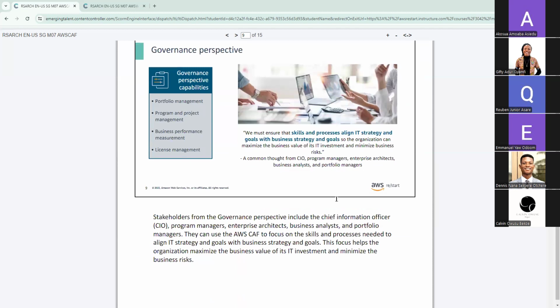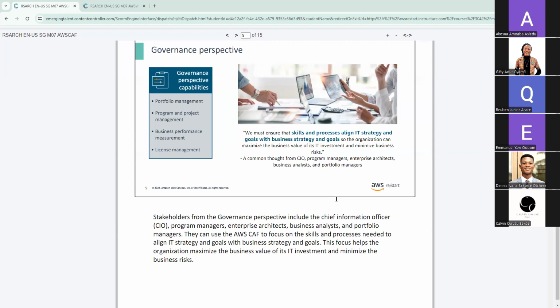And the governance perspective, that has got to do with your organizational process, the bureaucracy, so the people that decisions have to go through before any decision is arrived. Okay, those governing the institutions, the various project managers, chief information officers, those people. So you need to align the skills and processes.